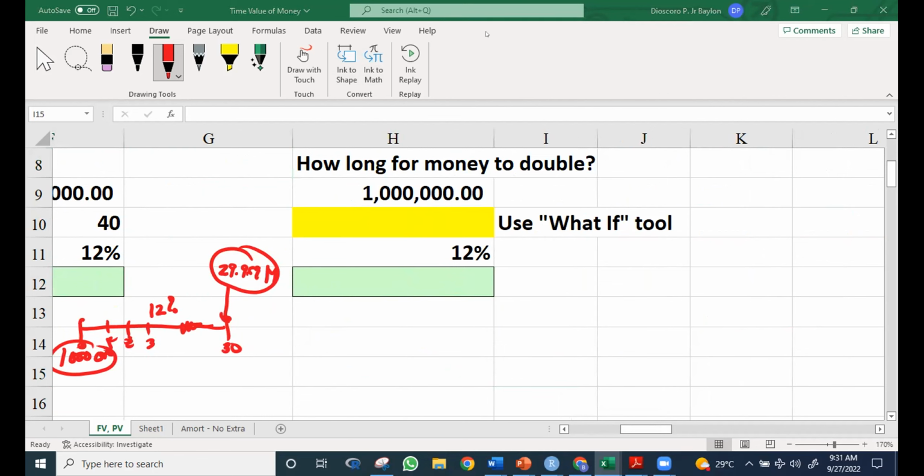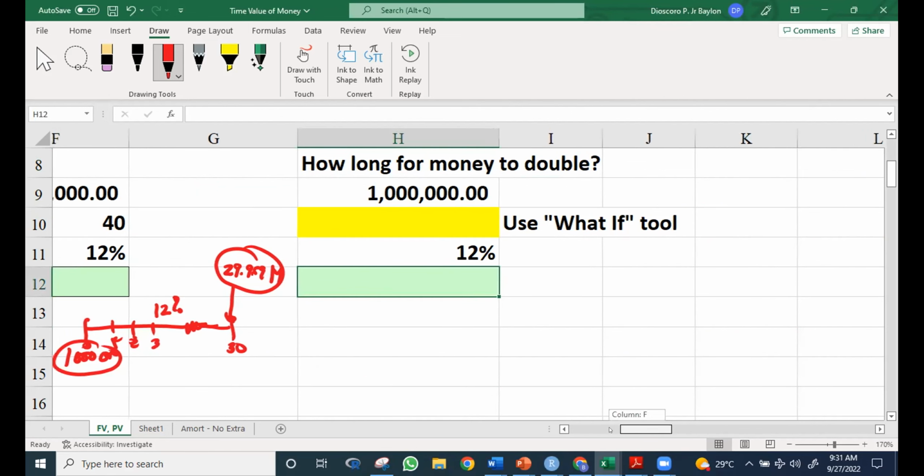Okay, no, we did not. So let's answer this question. How long will it take the money to double?